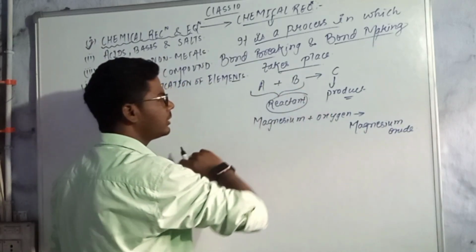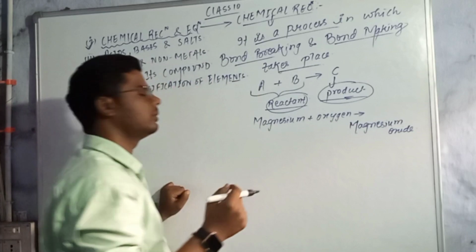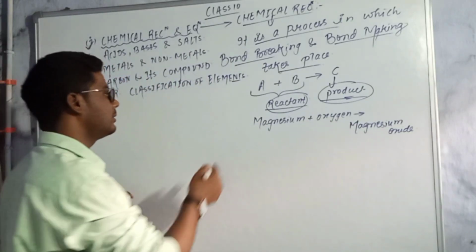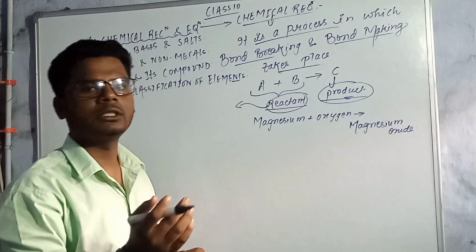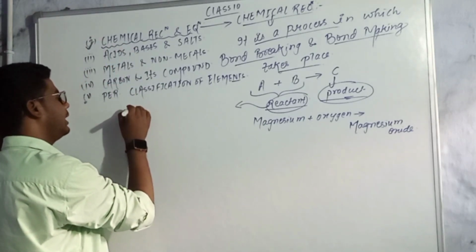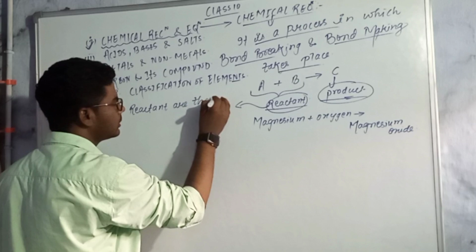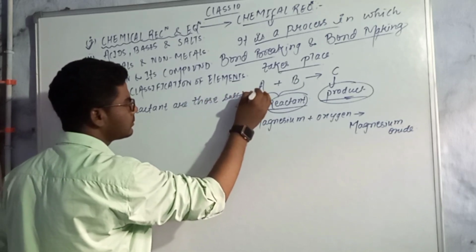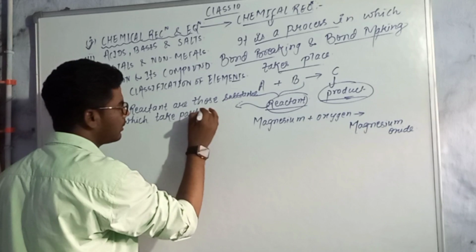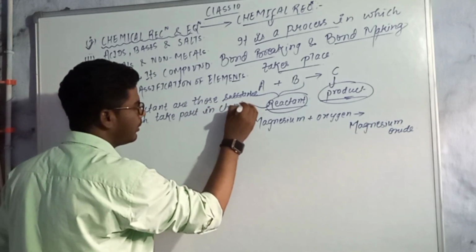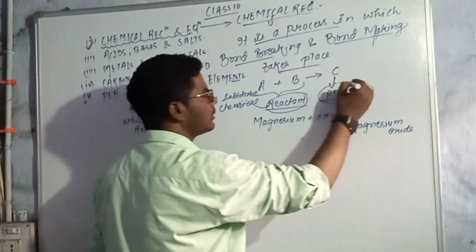Here the two new terms which we have to introduce are reactant and product. First, what is a reactant? Reactants are those substances which take part in a chemical reaction. And what is a product?